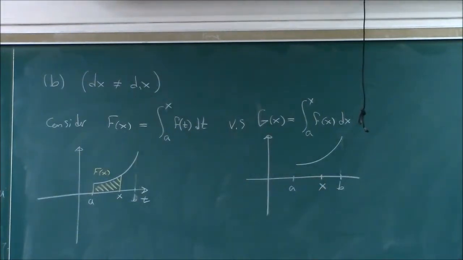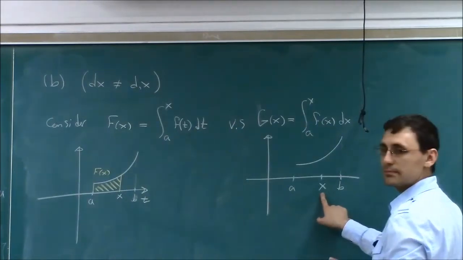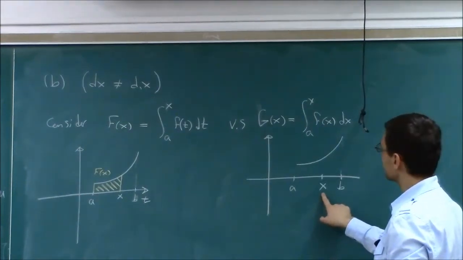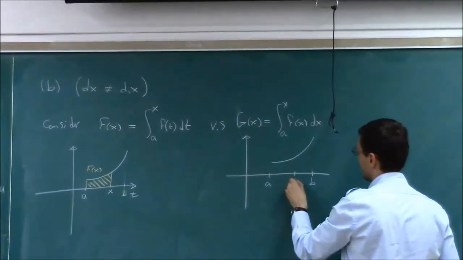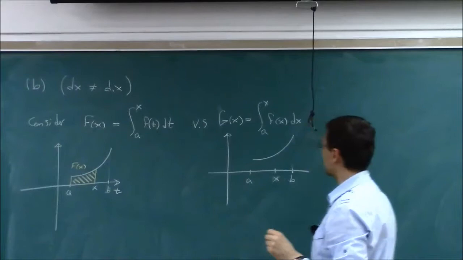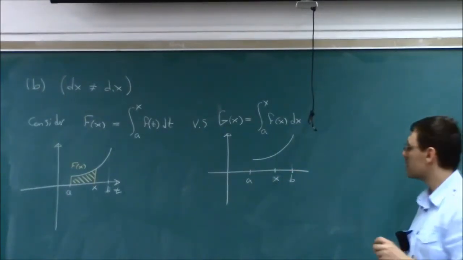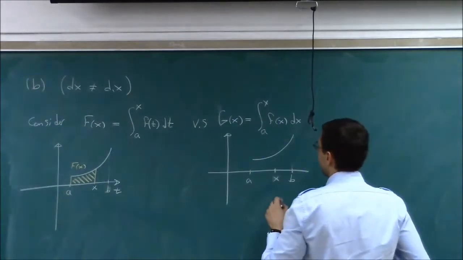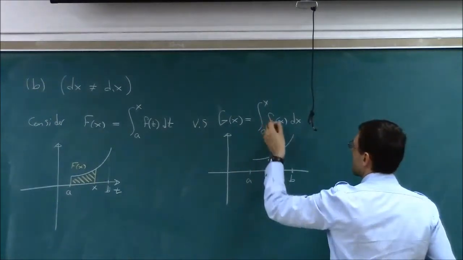What happens now? What region am I coloring? So what's going to be g of x? We cannot get a number. Those are just pure symbols. But what sort of picture am I going to draw for g of x? Area underneath between A and x?